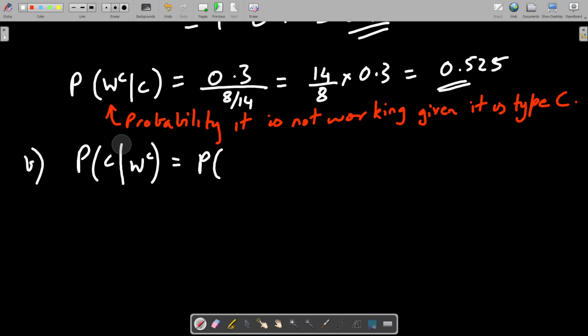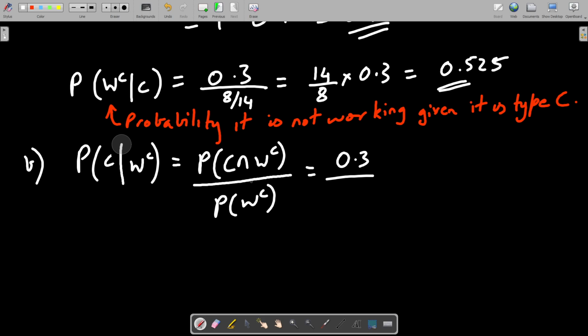So what should this be? This should be C intersection W complement upon probability of W complement. Both of these quantities we have calculated above. The numerator is 0.3.